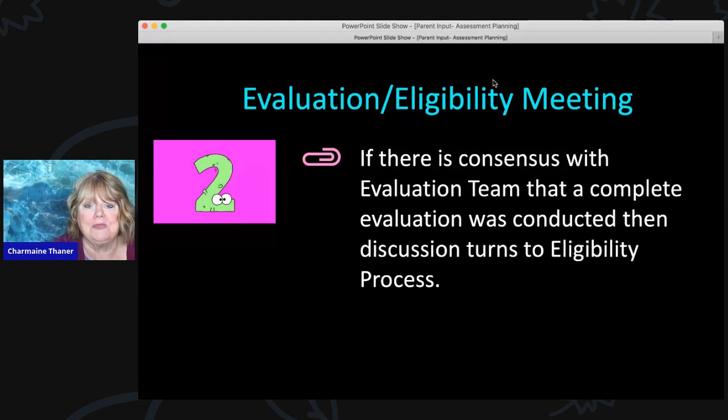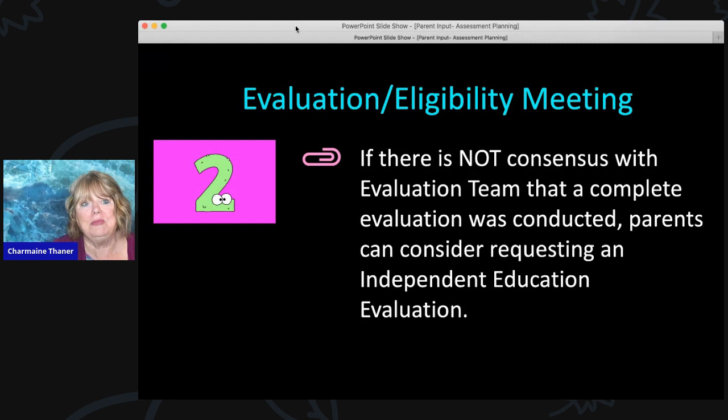Now, if there is consent that the evaluation is complete, then you can continue on with the eligibility part of the meeting. If there's disagreement, if you don't think the assessment was complete, you can always request an independent education evaluation.